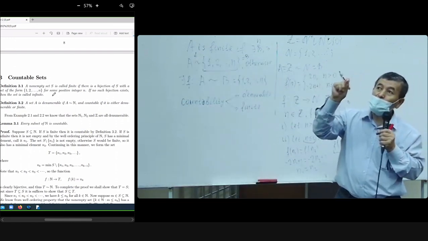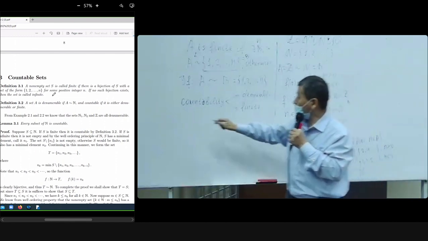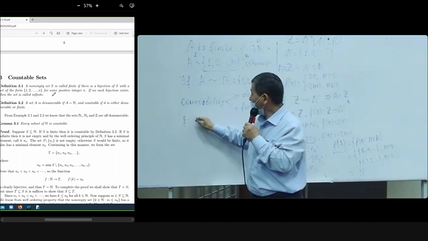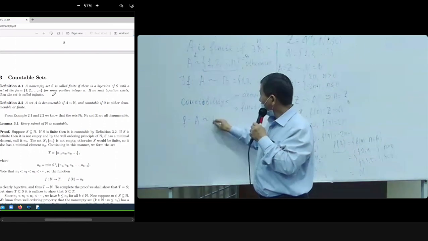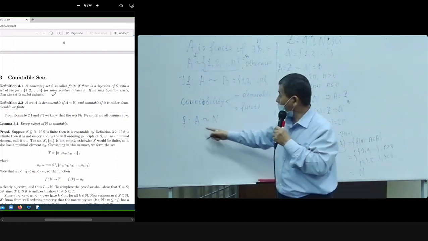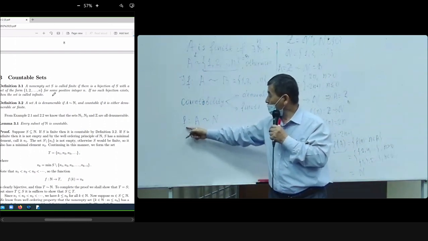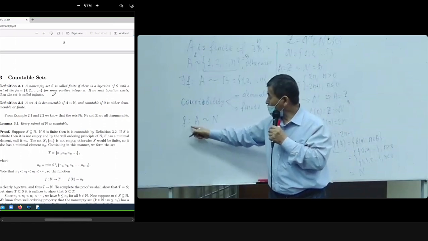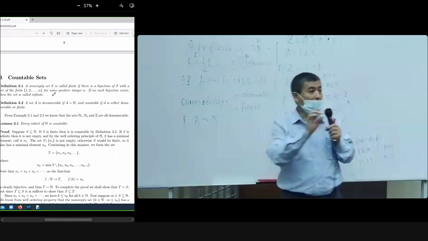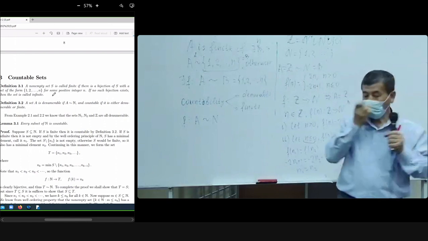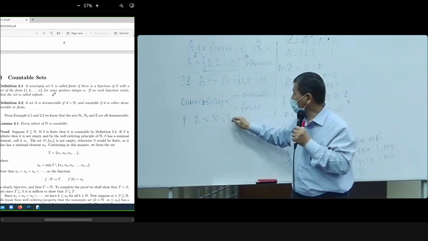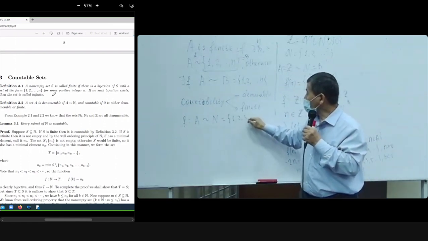For the denumerable set A, there should exist a bijection function such that A is equivalent to N, where N is the natural number set.